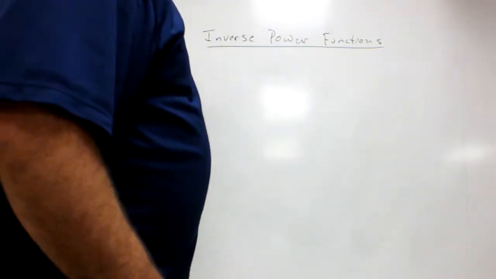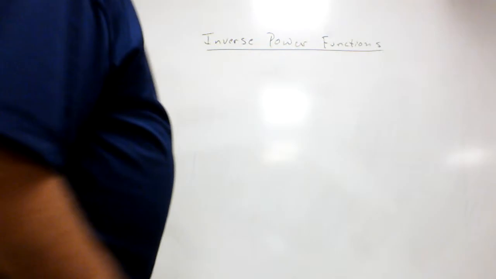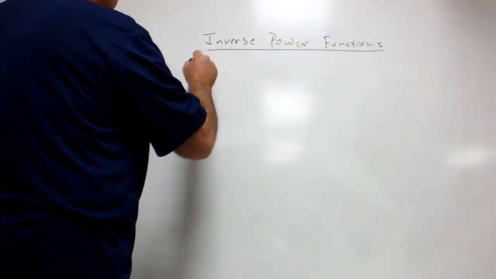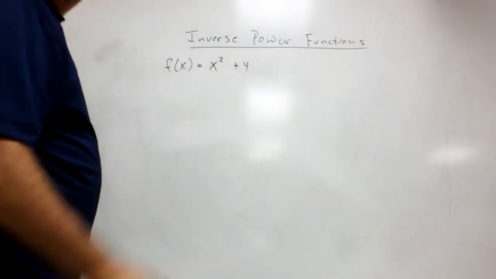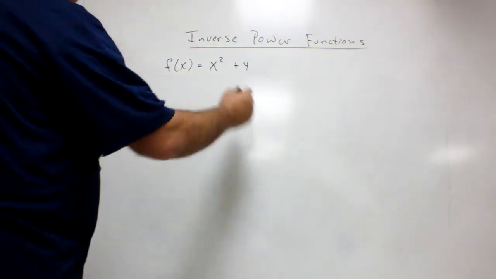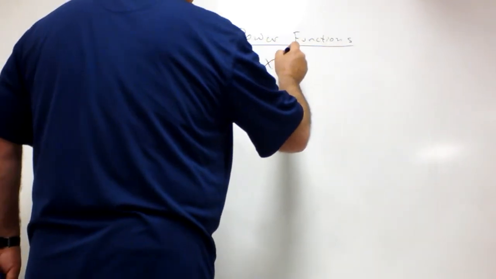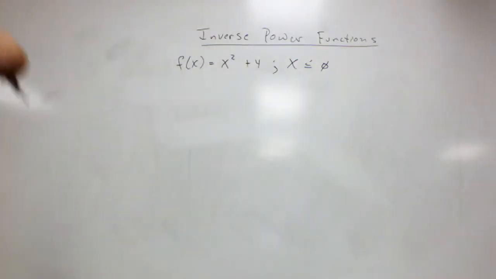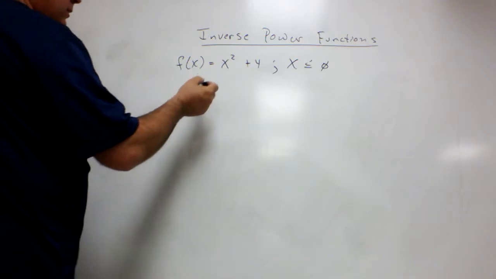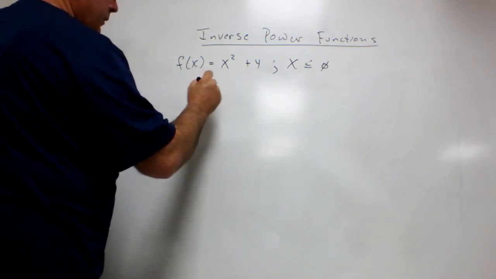Board's looking pretty dirty. But we get f of x is equal to x squared plus 4. And we want only the values of x that are less than or equal to 0. So what we do is we're going to first solve for our inverse.